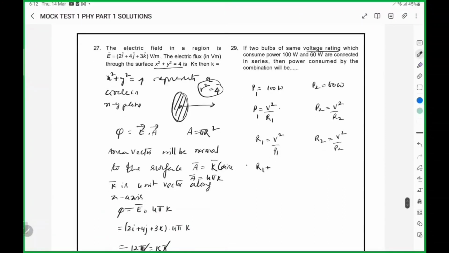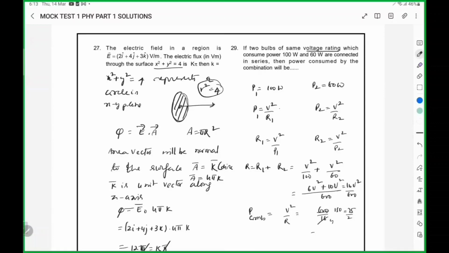So R1 plus R2 when they are connected in series, V square by 6 plus V square by 16. So here the power consumed by the combination, that is 600 by 16, which is 37.5 watt.